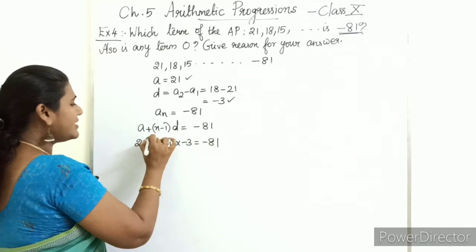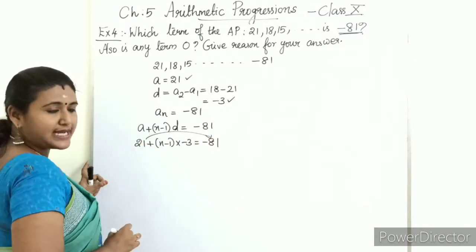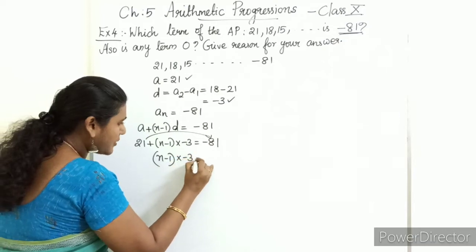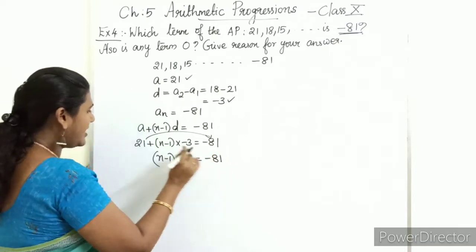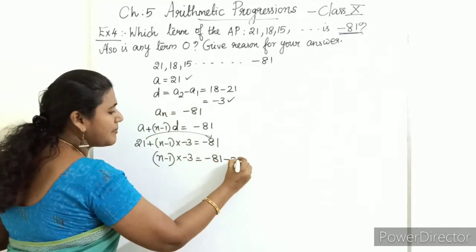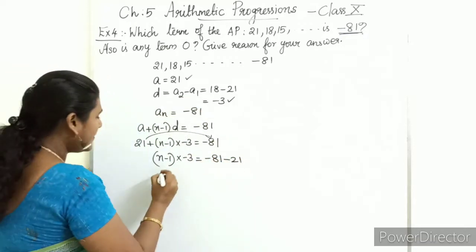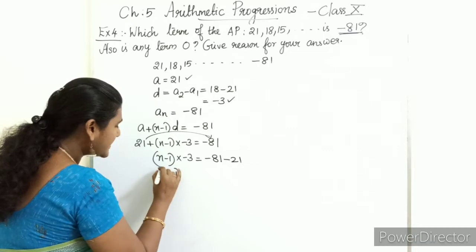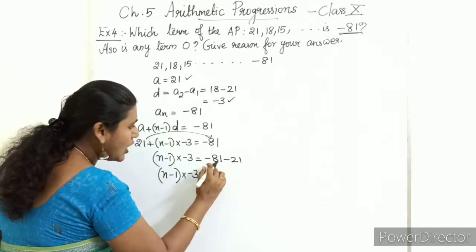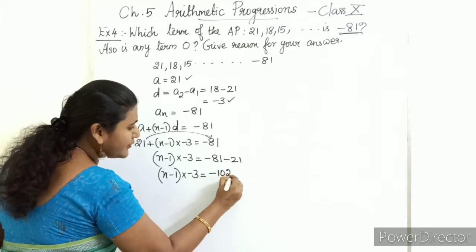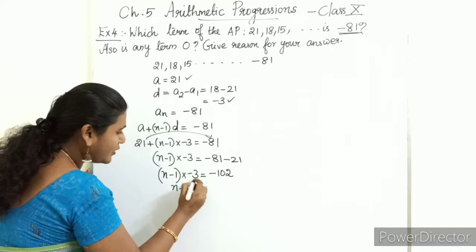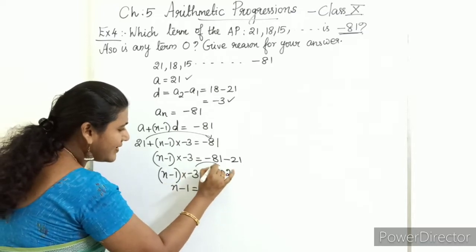First we will take this 21 to the right side. So (n minus 1) into minus 3 is equal to minus 81. When this plus 21 goes to the right side, it becomes minus 21. Now we will simplify: (n minus 1) into minus 3 is equal to, when you add these two, minus 102 you will get.